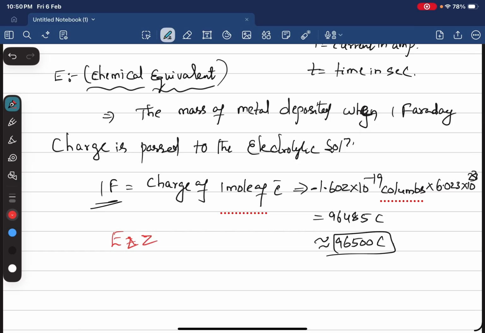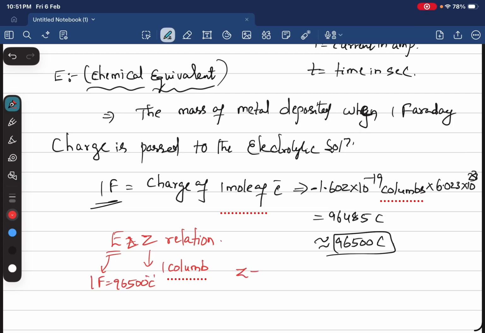E and Z relation you can see. We know that Z is the mass of metal deposited when 1 coulomb is passed, and E is the mass of metal deposited when 1 Faraday charge or 96,500 coulombs is passed. So the relation is Z equals E by F, that is E by 96,500 coulombs.